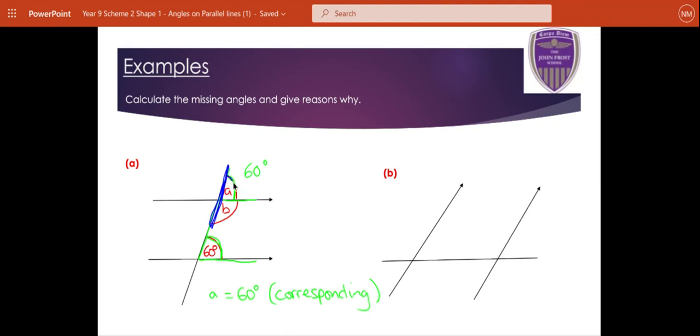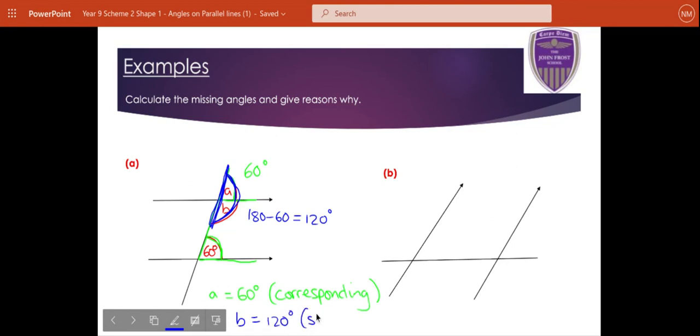Hopefully we can remember that in the past we've learned that angles on a straight line add up to 180. So if angle A is 60, then angle B must be 180 minus 60, because those two angles together are on a straight line. 180 take away 60 is 120. So B is 120. And as a reason why, you could just put straight line in a bracket.